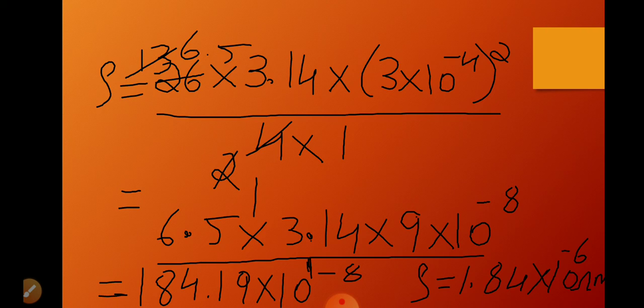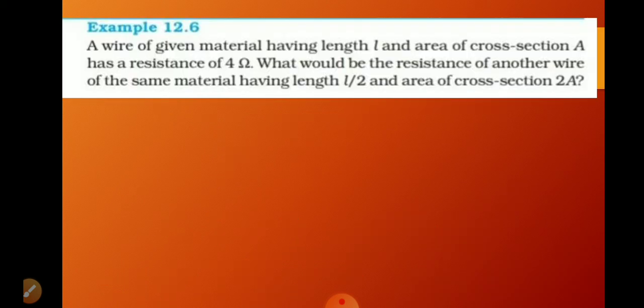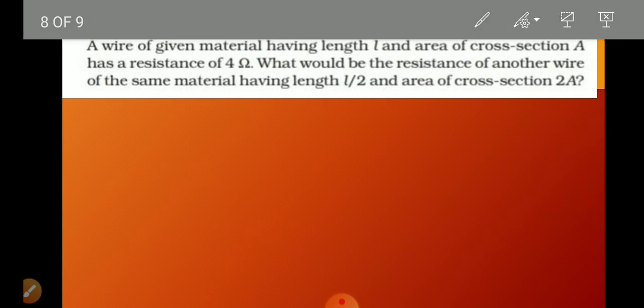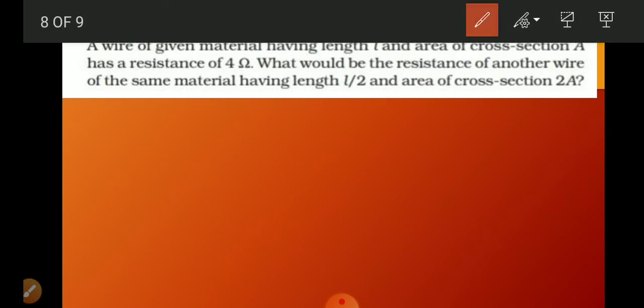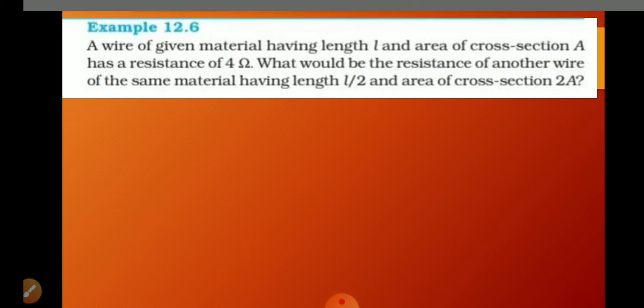Okay, so now let us move on to the next problem. A wire of a given material having length L and area of cross section A has a resistance of 4 ohm. What would be the resistance of another wire of the same material having length L by 2 and area of cross section 2A? That is 2 times the area.